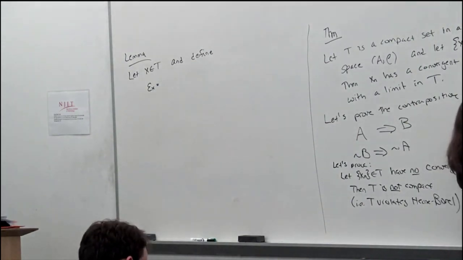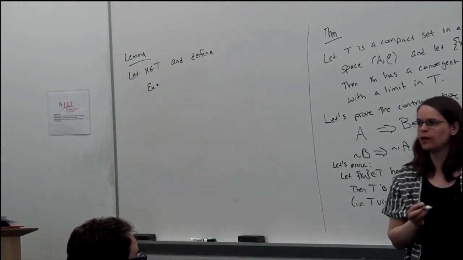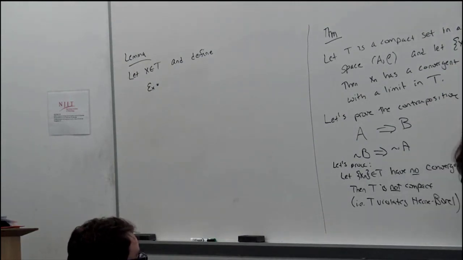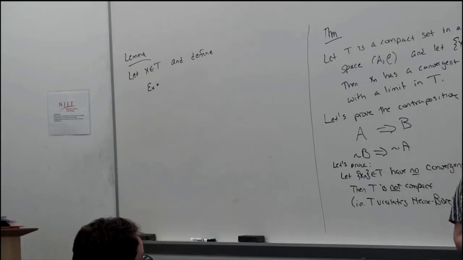So I also need to cover this point Y here that's not in my sequence, and I want to make sure when I draw a ball around it that I'm not drawing a ball that might contain some of these other points in my sequence. So my first lemma is that yes, I can draw balls around the points in my sequence, but also I can draw balls around the other points that don't overlap with these little balls. I want to be forced to hold on to these infinitely many different balls.